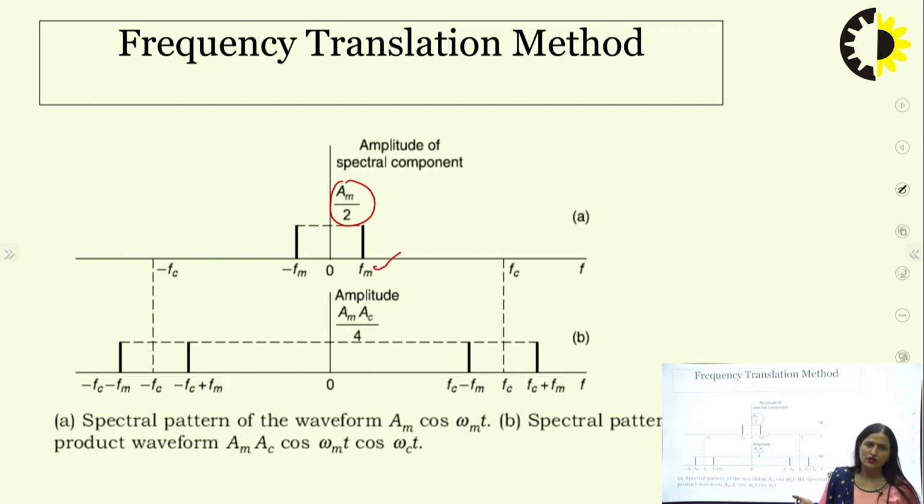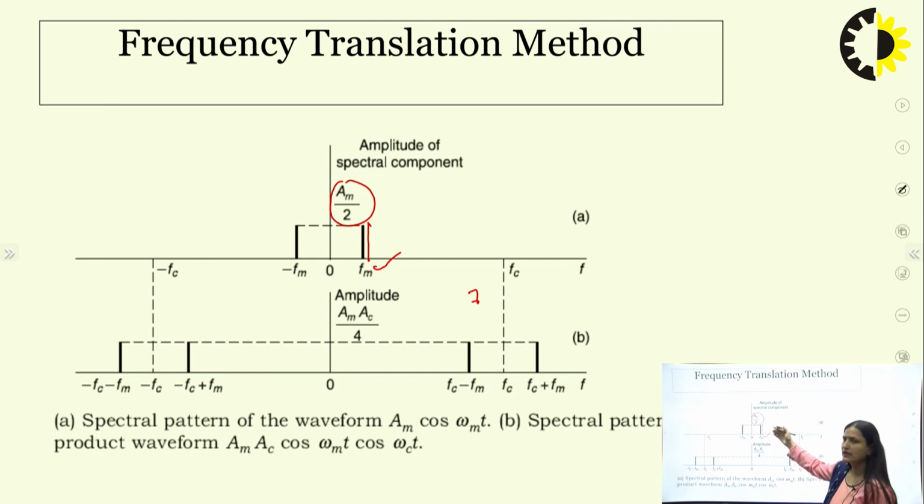Left hand side of the 0 and the right hand side of the 0 is the replica. Okay, so your signal frequency is fm. So at frequency of fm, the signal is Am by 2. Okay, so this is your amplitude of spectral component, or you can say that is your message signal.